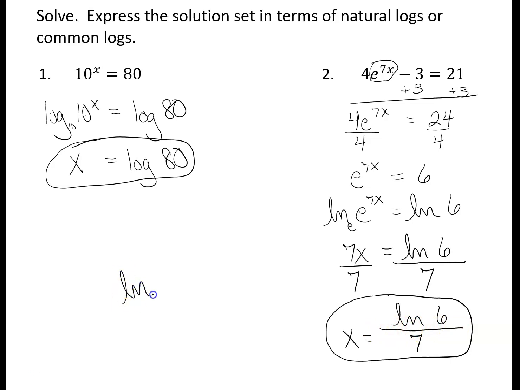If you were to write ln and then just 6/7, that would be wrong. Or maybe you had this and then you just stuck your 7 under the 6 instead of the whole thing. We don't want to do that. Make sure that the bar goes all the way across, in this instance, because we're dividing the entire right side by 7.